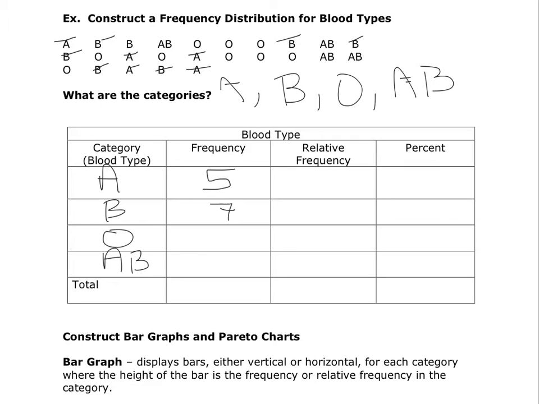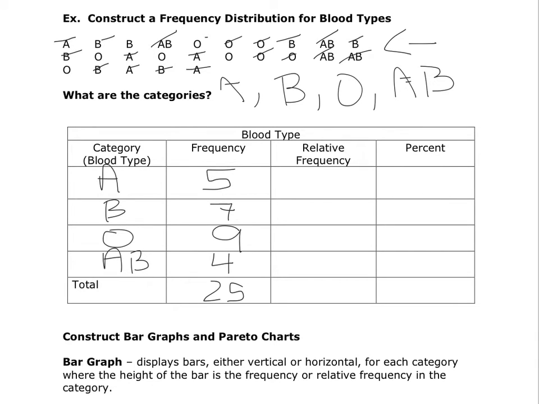Now my O's, 1, 2, 3, 4, 5, 6, 7, 8, 9. I should have 9. And then my AB's, 1, 2, 3, 4. So they should total 25. I want to verify that they add up to 25 and there are 25 things up here so I can make sure that I'm counting correctly.